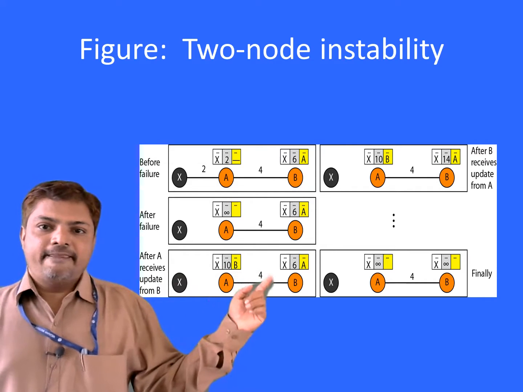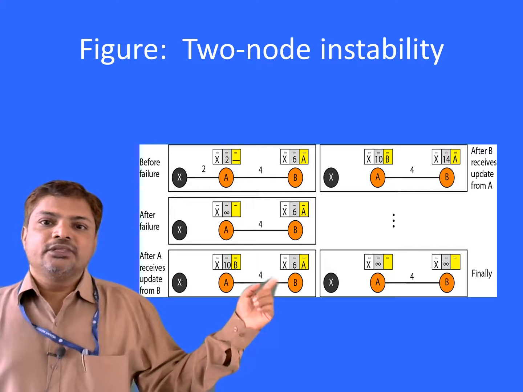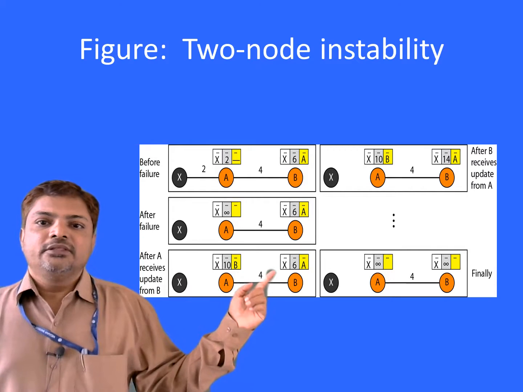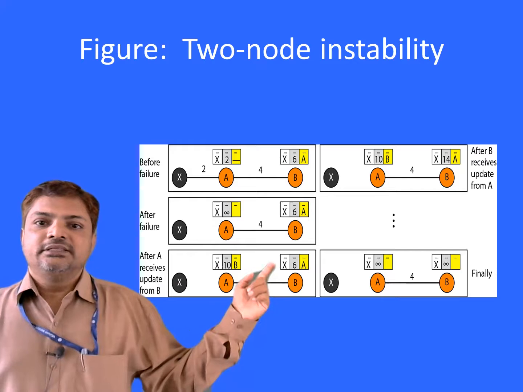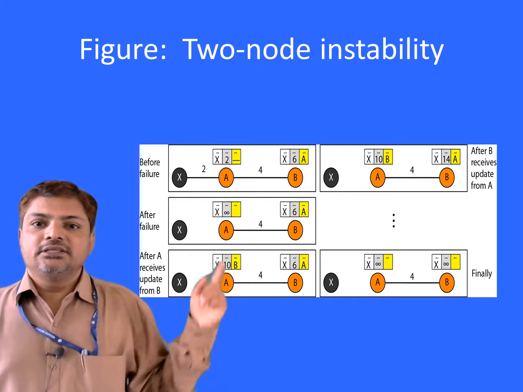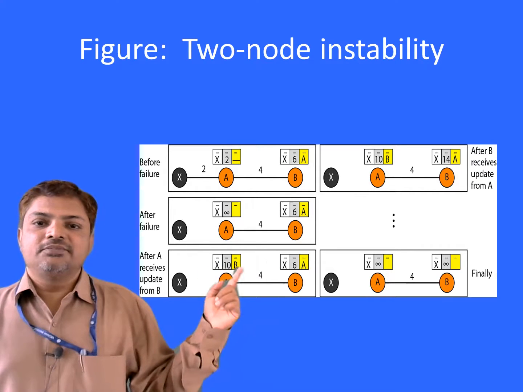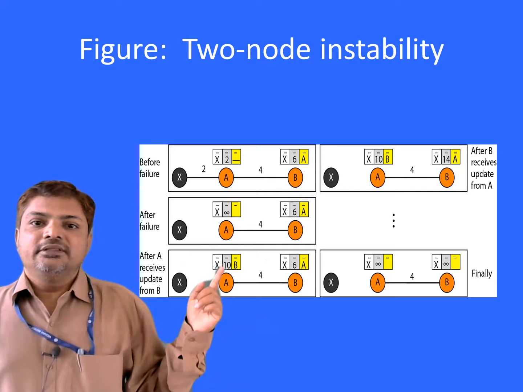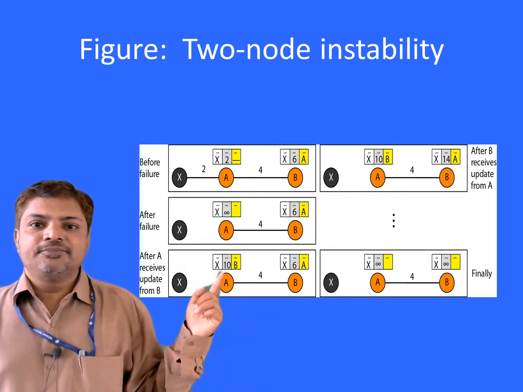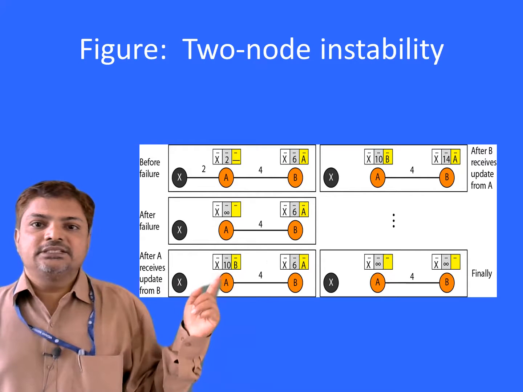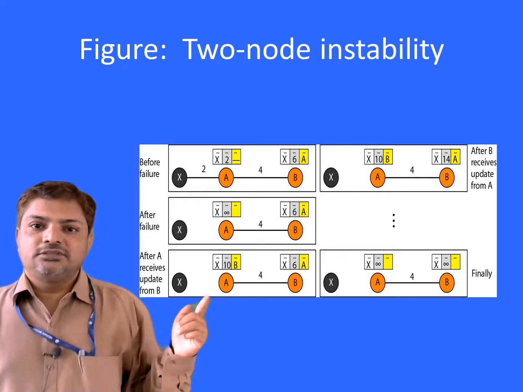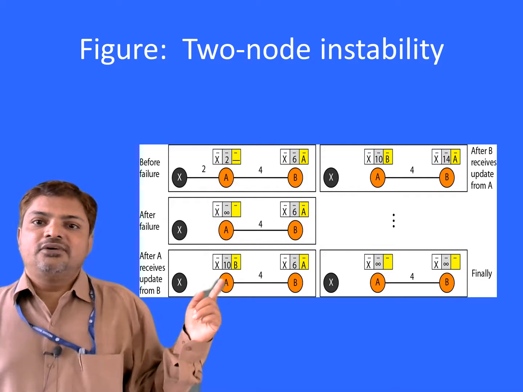It receives the cost to reach from B to X through A is 6. 6 plus this additional 4 is added. 6 plus 4, 10. So A updates the table falsely, saying that the path to reach X is through B and the cost is 10. This is false and it is updated falsely.